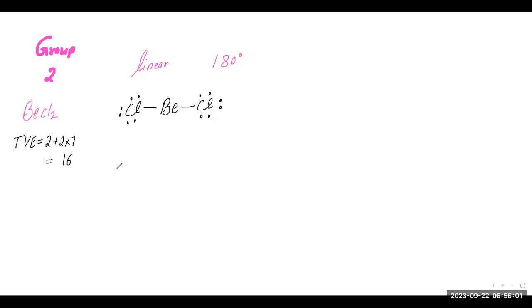Checking of the formal charge is important. Formal charge is the valence electrons minus number of bonds minus 2 times lone pairs. I explained you in detail about the formal charge. So beryllium formal charge is 2 minus 2, 0. Chlorine is 7 minus 1 minus 6, 0.